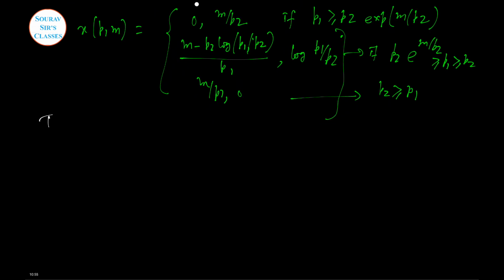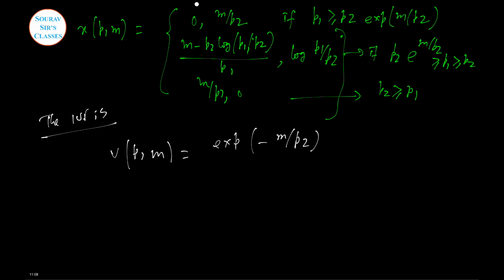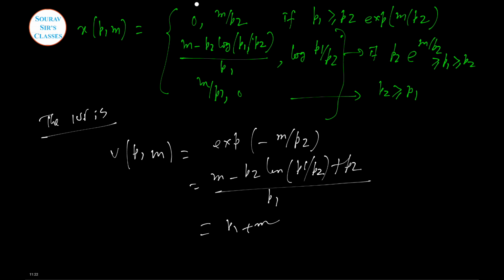So simply the indirect utility function is V of P, m, which is the exponential of minus m by P2. This is the same way, m minus P2 ln P1 by P2 plus P2, whole divided by P1, and then m by P1. And these conditions are the same as above.